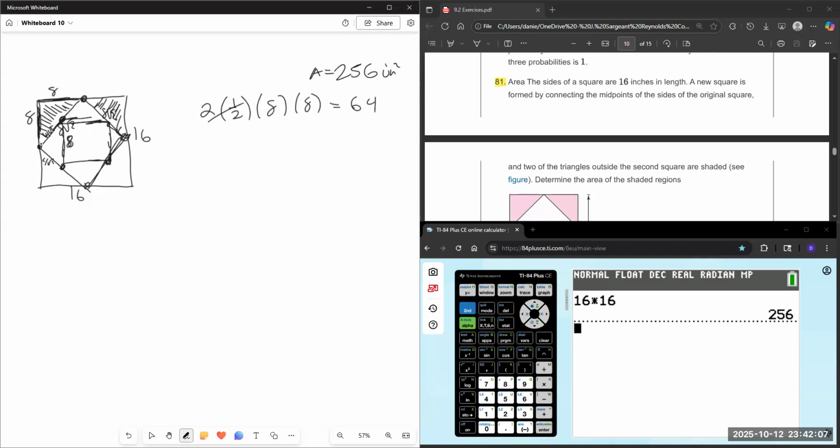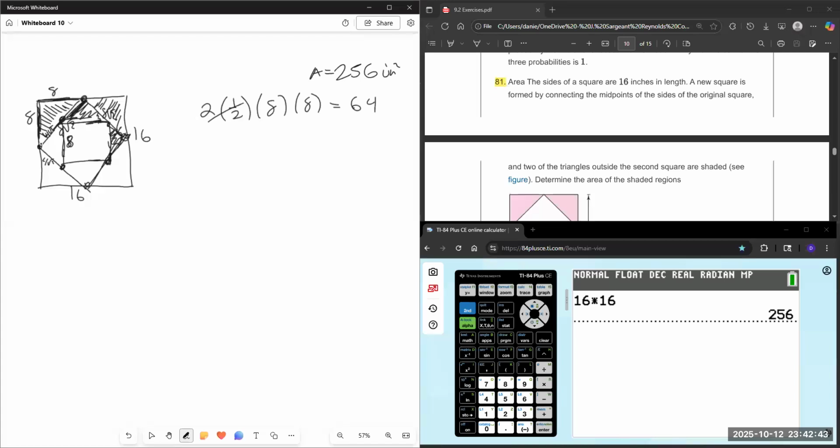So this is 8, and it doesn't matter which 2, but I'm going to take, if I kind of turn it on its side here, the ones that, let's say, are this one and this one.